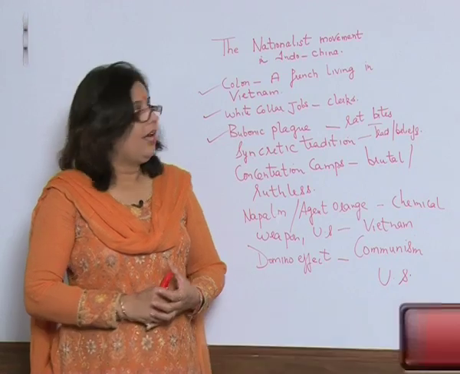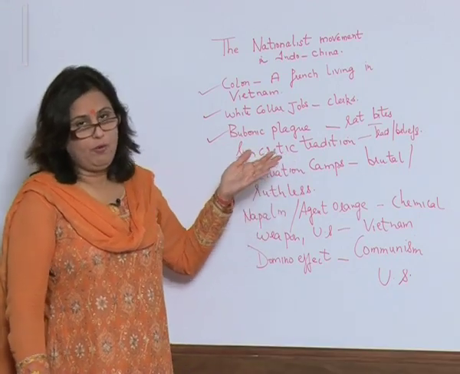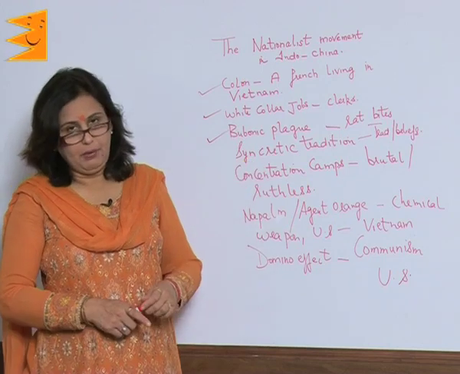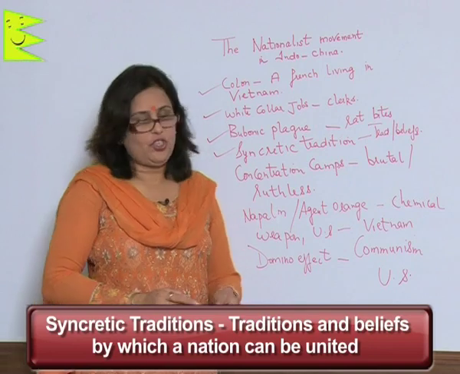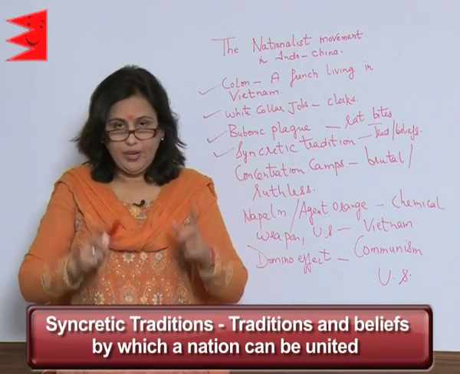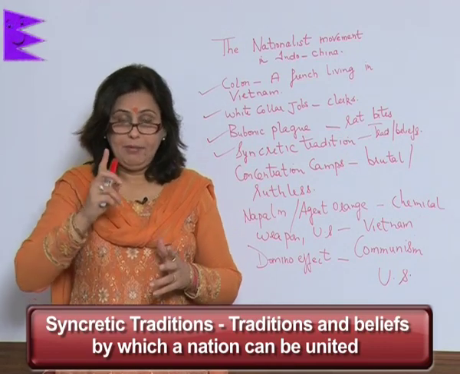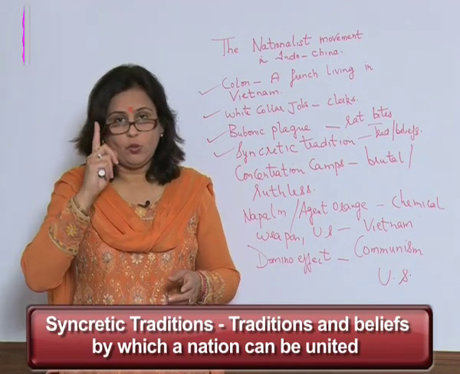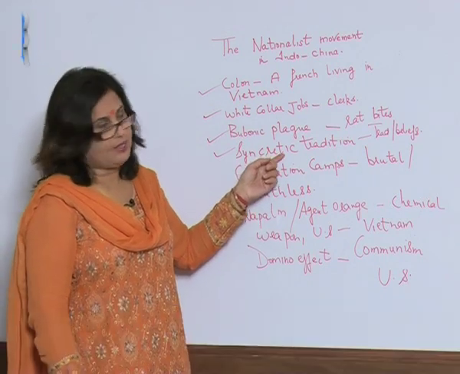And we will see how this plague spread in Vietnam and what were the effects of this plague. Next is syncretic tradition. Those traditions and beliefs by which a nation can be united, can be made to feel as one, are syncretic traditions.